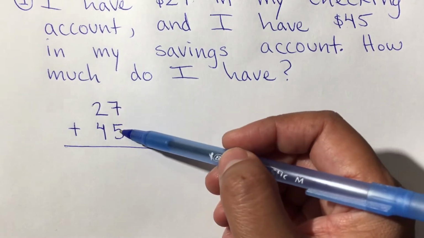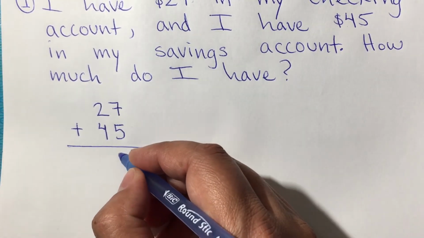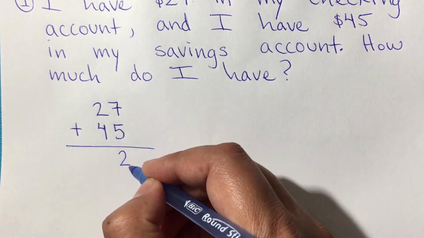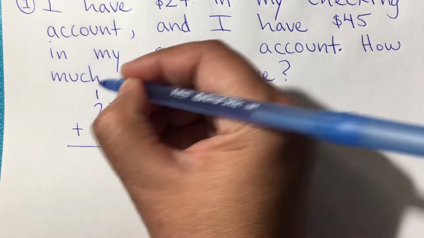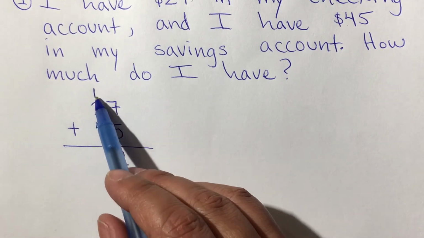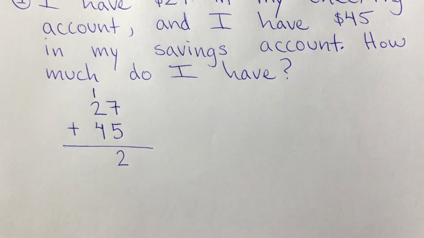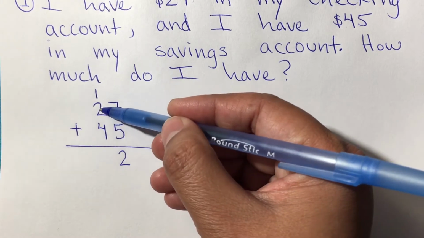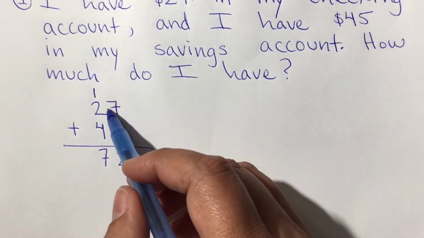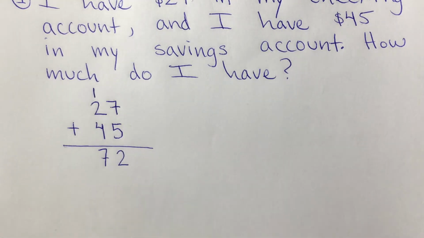But 7 plus 5 is 12. You put the 2 in here, and the 12 means 10 and 2 more. So that 10, you put it over here, by putting a 1 on the tens place, that means that you're carrying over 10. And so 4 plus 2 is 6, plus 1 is 7. So 27 plus 45 is 72.